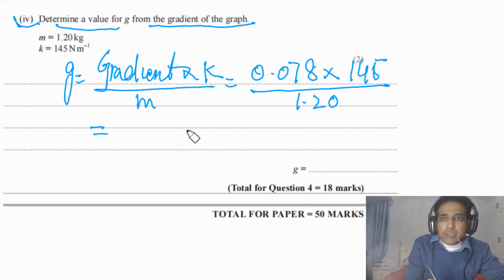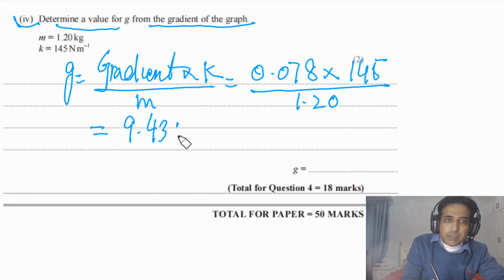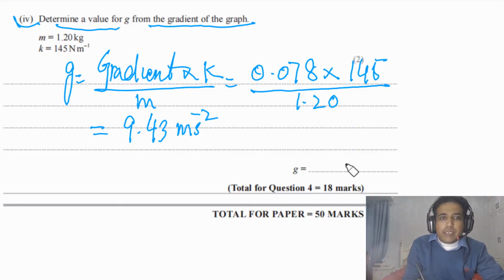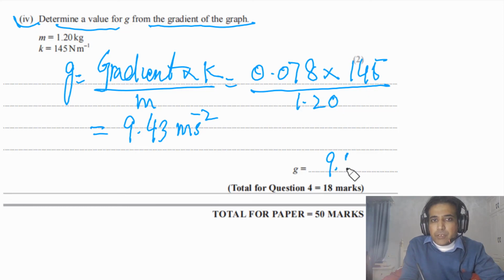Now if we calculate this, we will get g is equal to 9.43, and the unit of g is meters per second per second. So this is our final answer. We can write here 9.43 meters per second per second. So this is the answer.